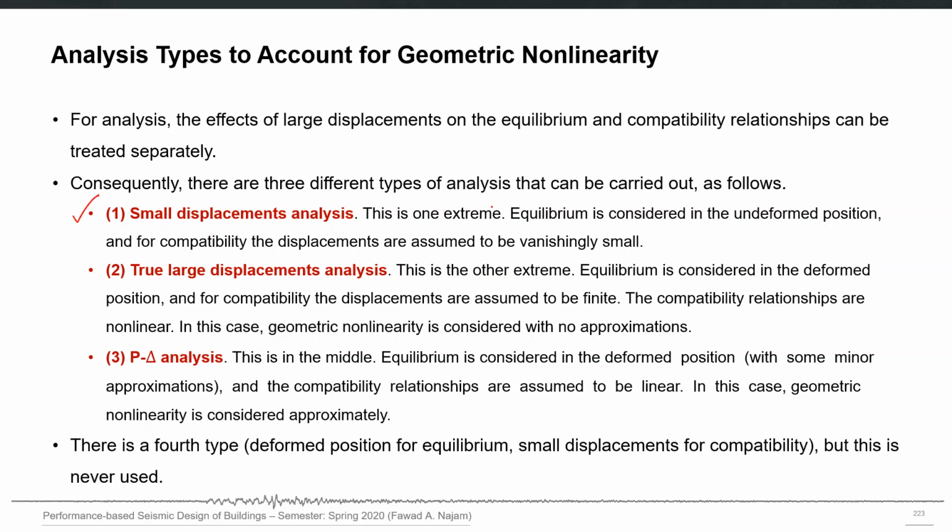This is an extreme analysis case in which you consider the equilibrium in the undeformed position, and for the compatibility the displacements are assumed to be vanishingly small, which means the effects of geometric nonlinearity arising from compatibility are not considered. So simply, the geometric nonlinearity is not considered in the small displacement analysis. No second order effect, no geometric nonlinearity.